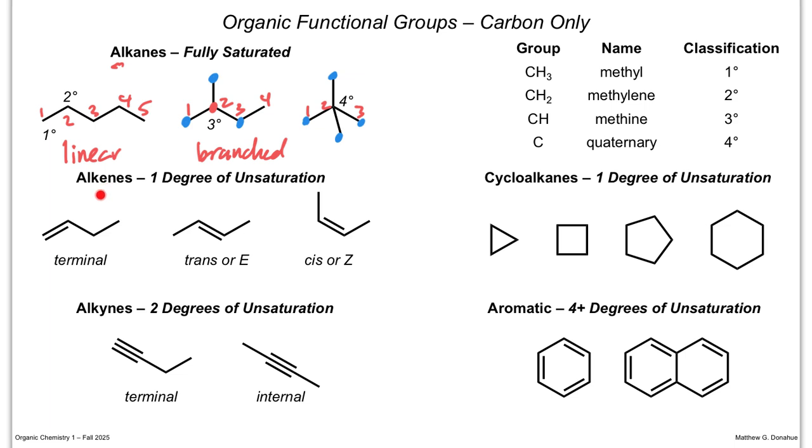So alkenes have a degree of unsaturation due to the pi bond. So underneath these, you see a little bit more sub-classifications. This one's called terminal because the alkene is at the end of the longest chain.